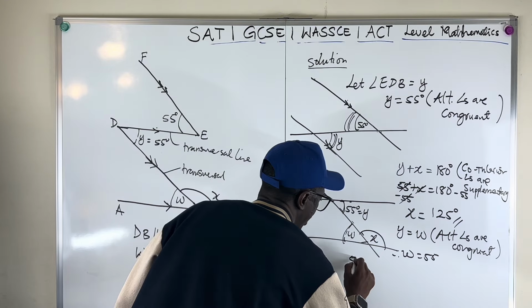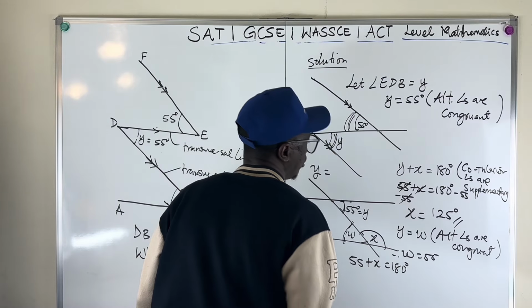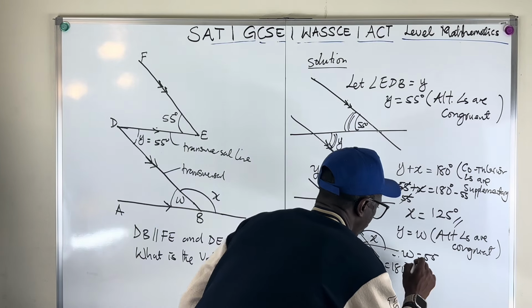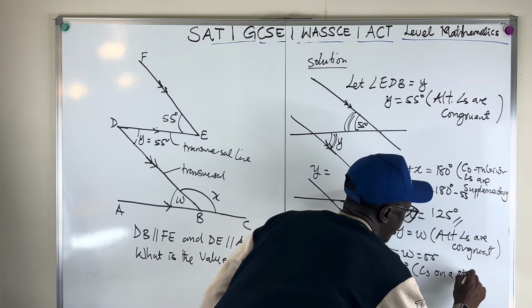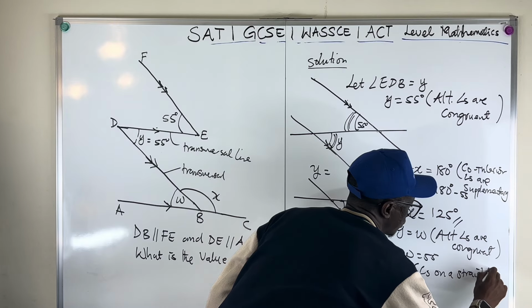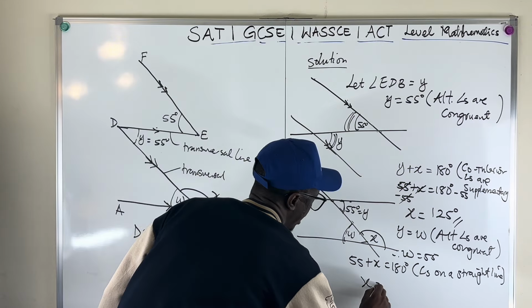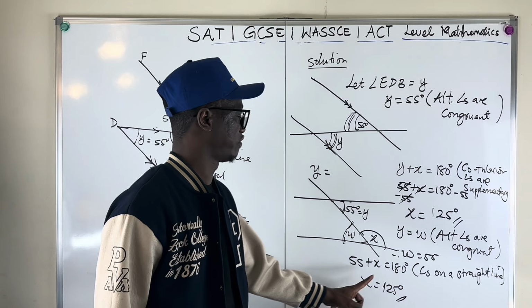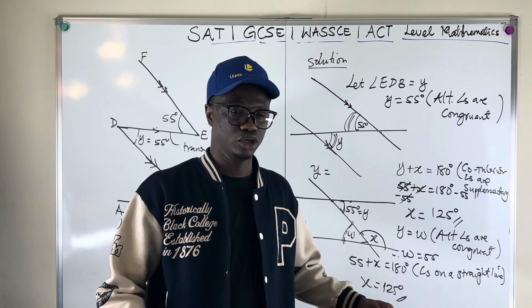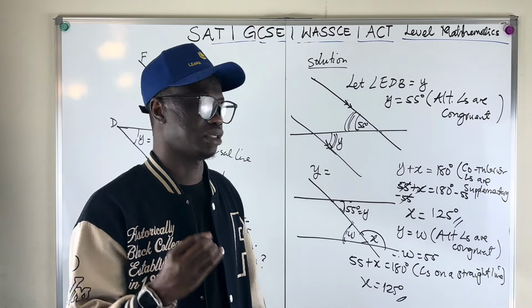Now, if this is 55, you can say 55 plus X equals 180. Not this reason anymore, you can say angles on a straight line. So you can solve again and get your X as 125 degrees. Subtract minus 55, minus 55. You still have the same answer, but a different reason.